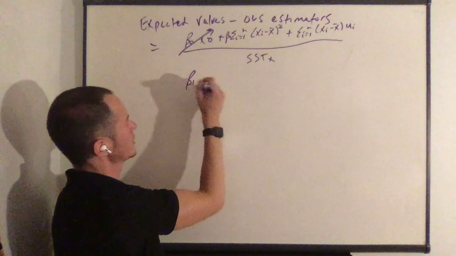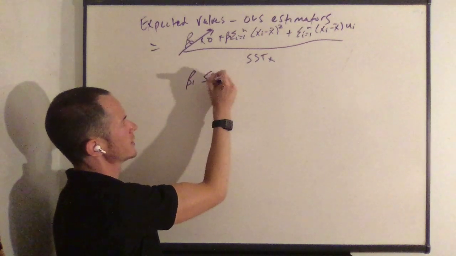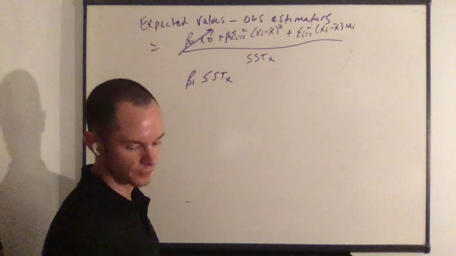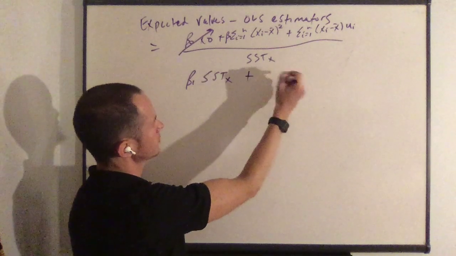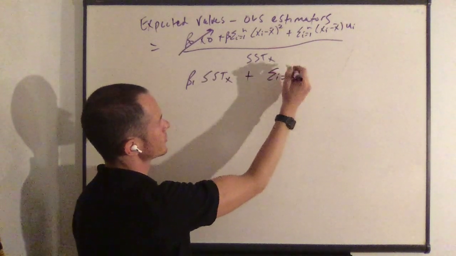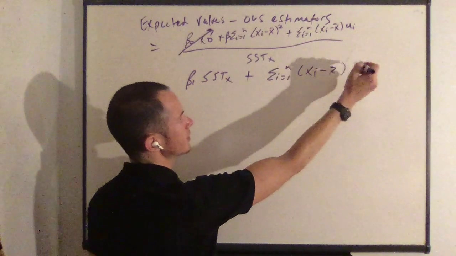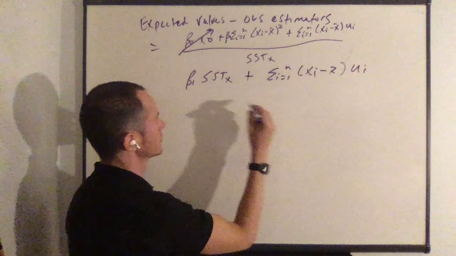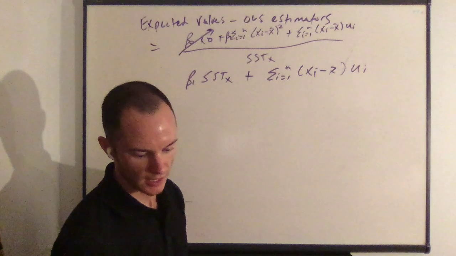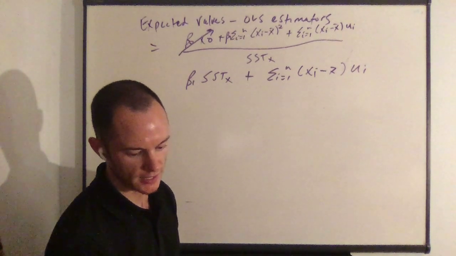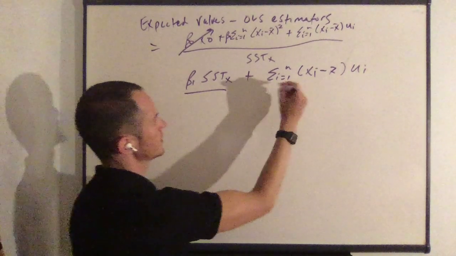So you have beta 1 times SSTX plus the sum from i equals 1 to n of (xi minus x bar) ui.